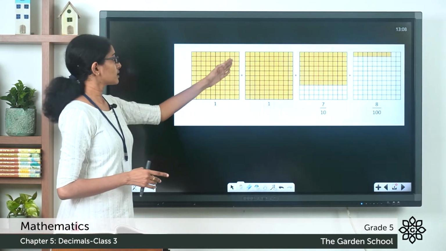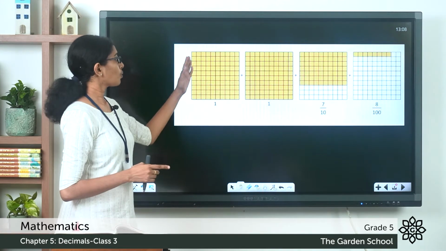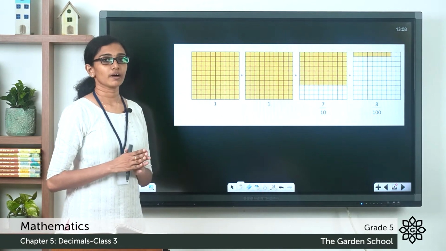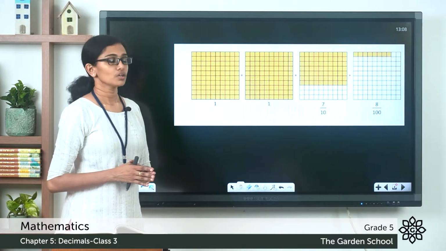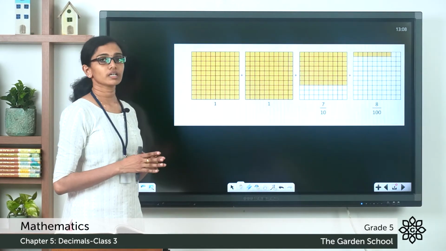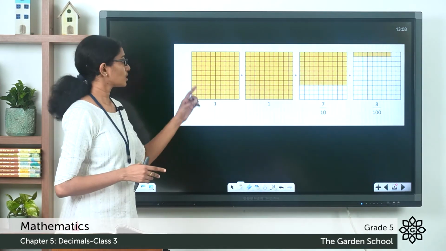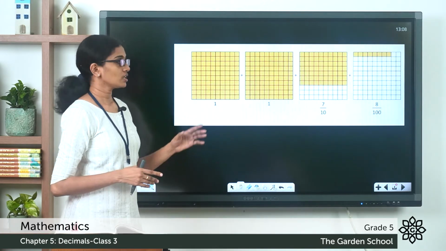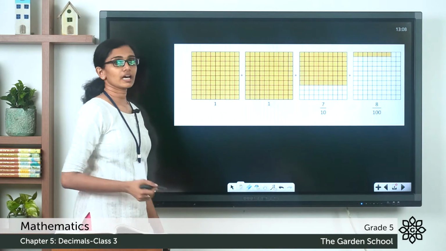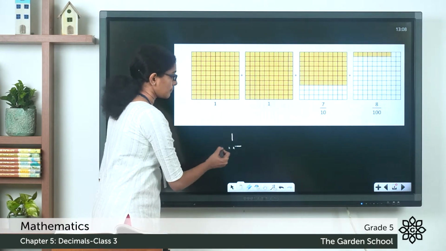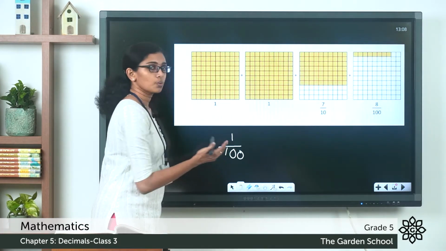You see this box here. Here, one unit is divided into 10 rows and 10 columns. So, you have a total of 100 subdivisions here, or 100 subunits, and each unit in this part represents a fraction of 1 by 100. Why?